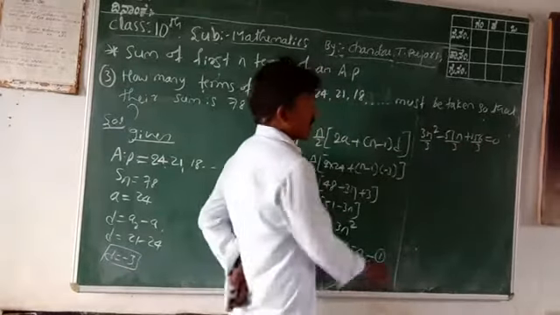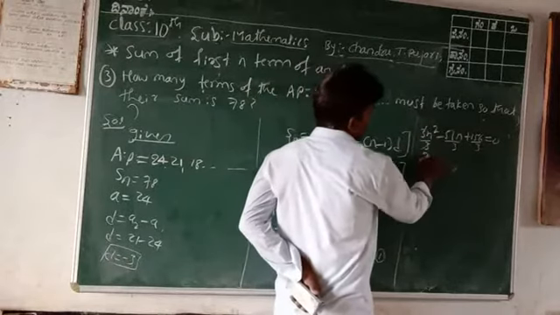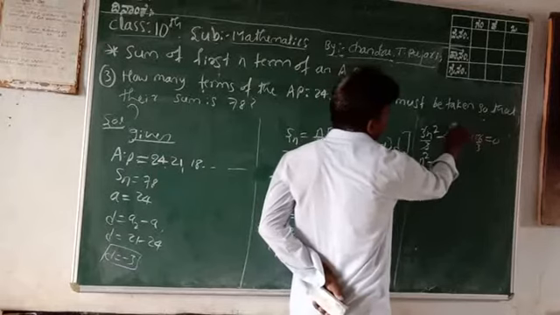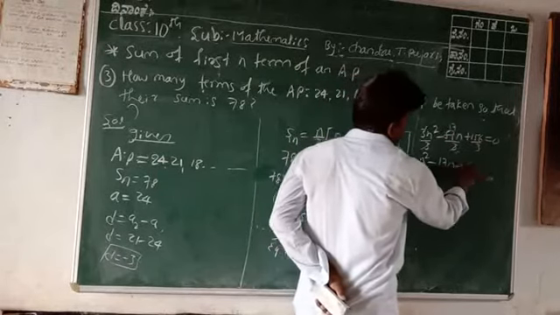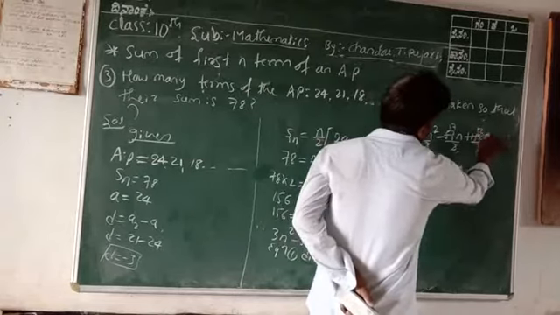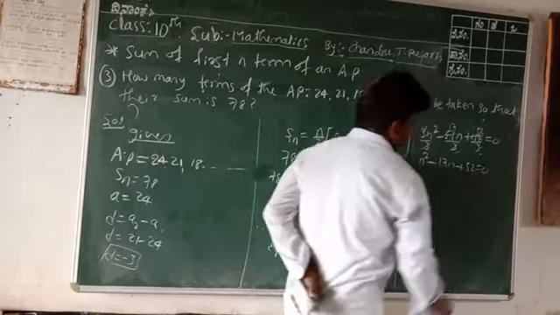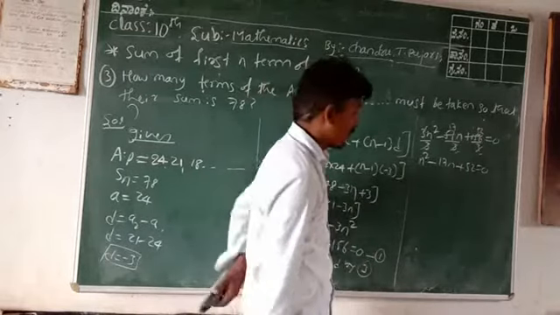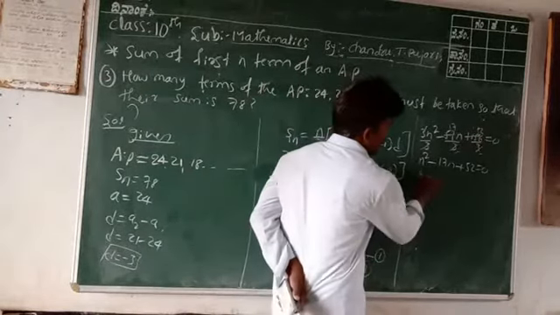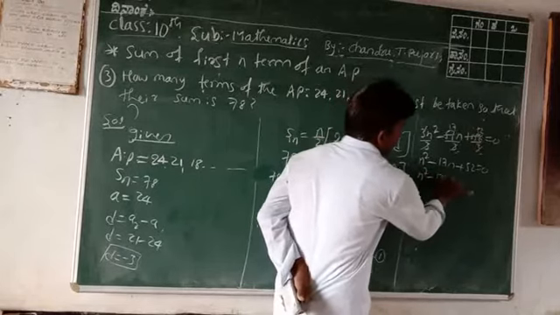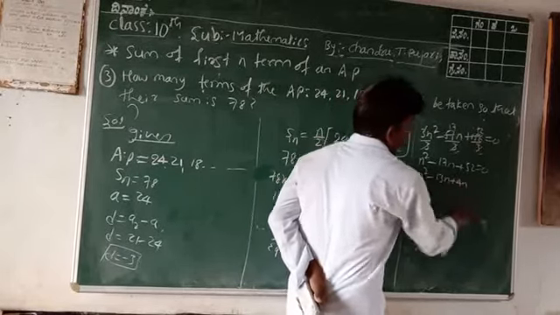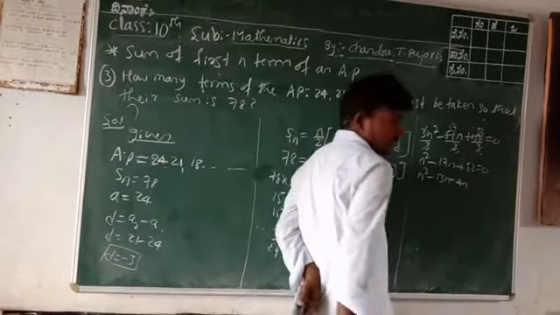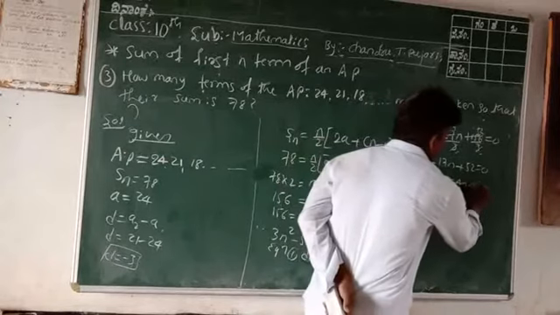Next, cancellation: n square minus 17n plus 52 is equal to 0.